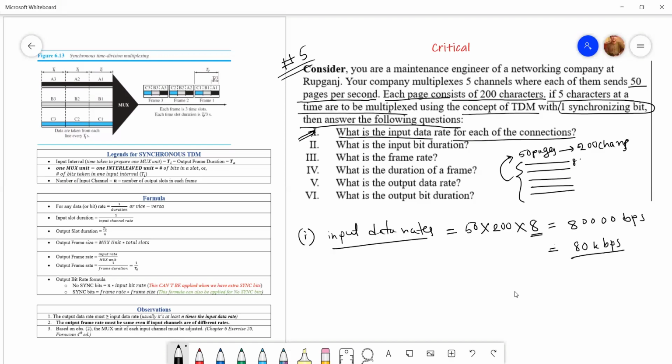So each line is now sending 80 kbps of information.